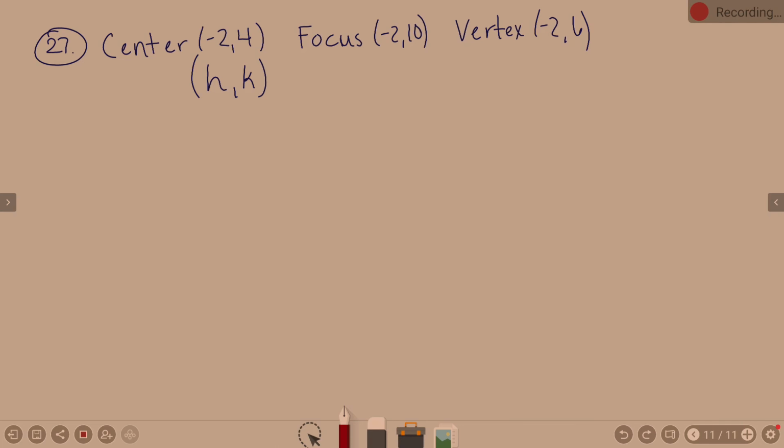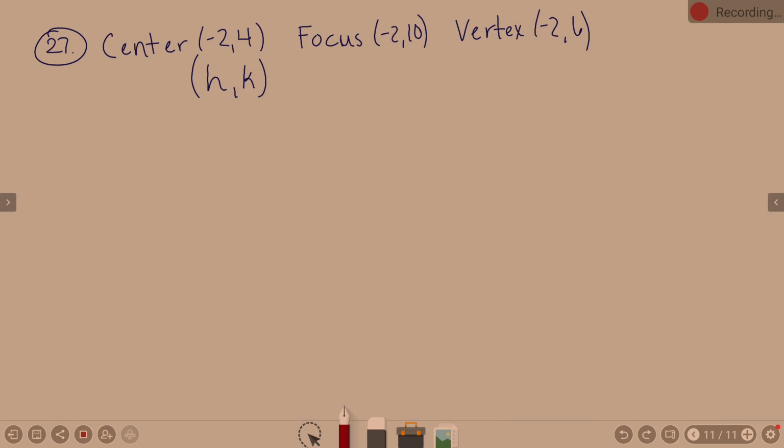The fact that all these negative 2's are the same, so all of these h values are the same, tells me that this is a right column, okay?